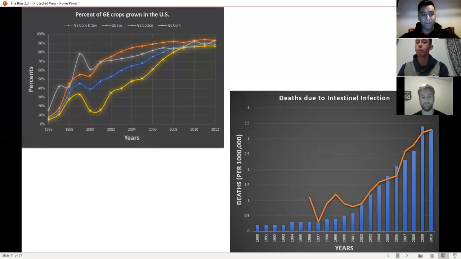You can see that throughout the years, the percentage of crops grown in the U.S. is growing. And then on the graph on the right is deaths due to intestinal infections. You can see that throughout the years, deaths are growing. If we compare both these graphs, you can see some type of pattern or uniformity. So you can make an assumption that they do have some type of relation.